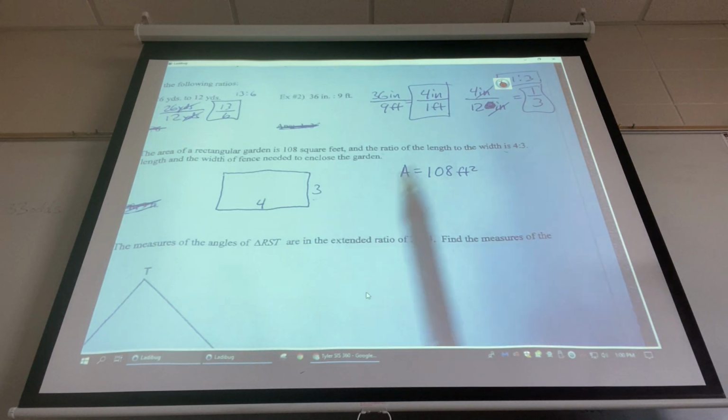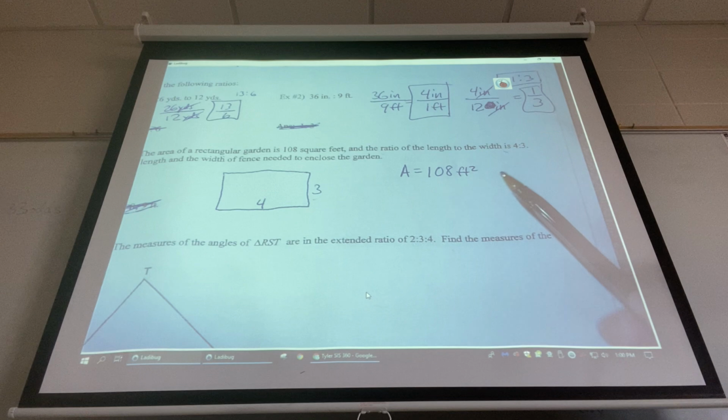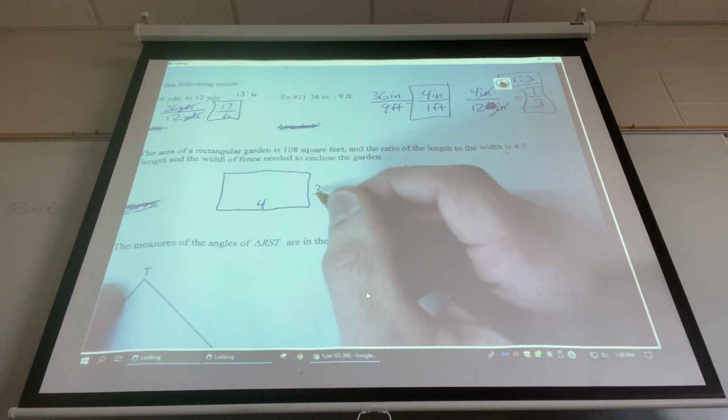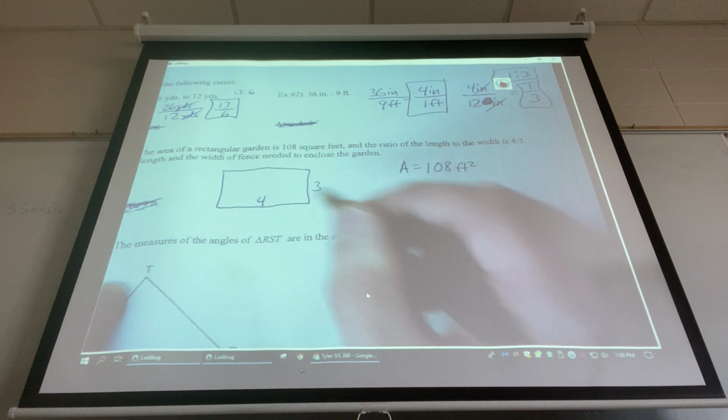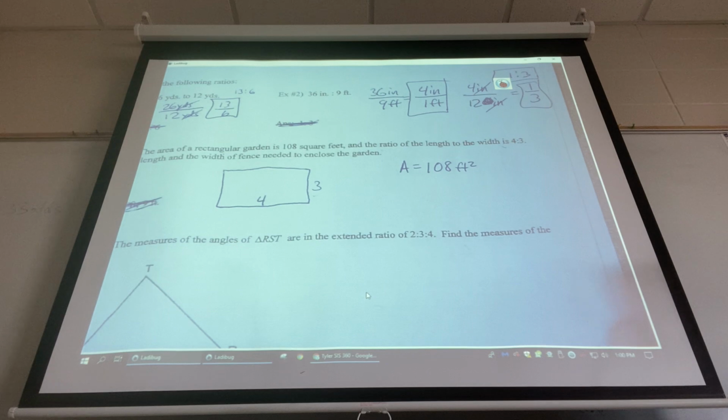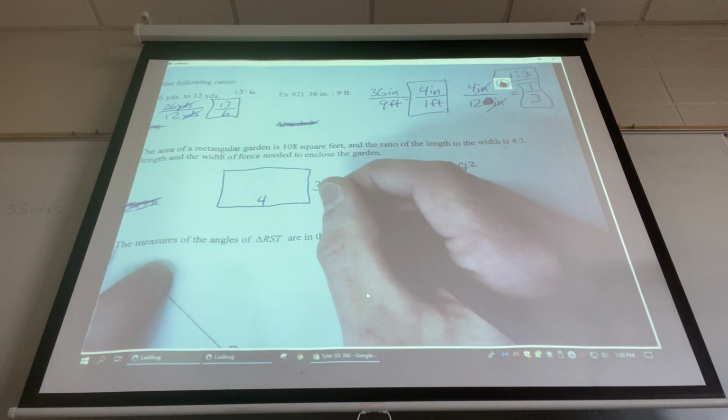So another way to go about this, and this is the way I'll present it, is we'll say that the relationship is 4 to 3, but these numbers are bigger, or they could be smaller depending on the situation, by some amount.